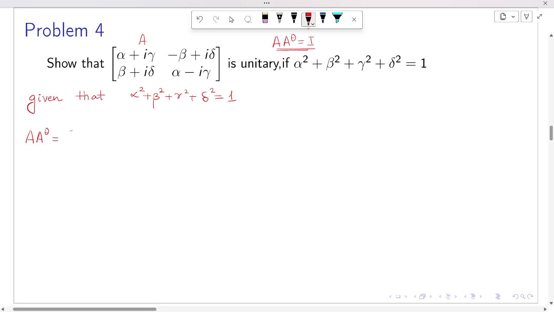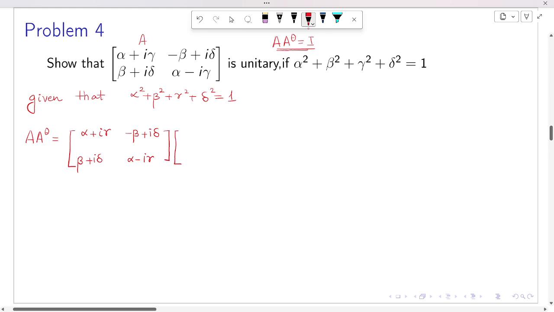So what is A? A is alpha plus iota gamma, minus beta plus iota delta, beta plus iota delta, alpha minus iota gamma, and A conjugate.